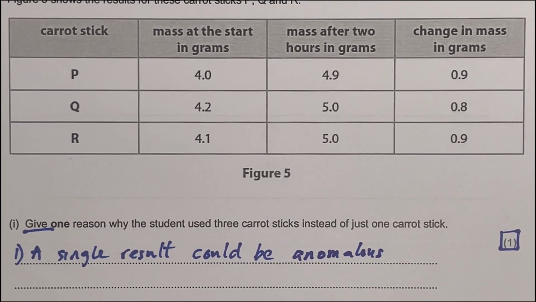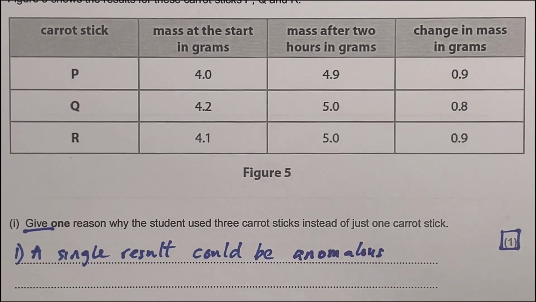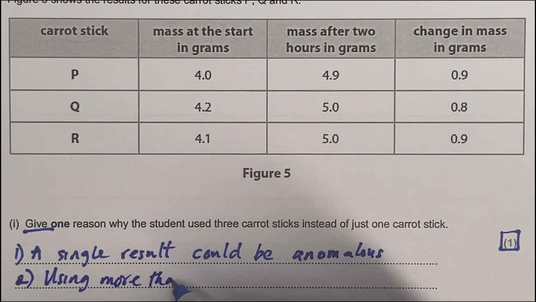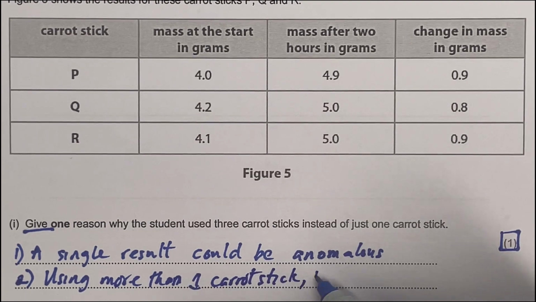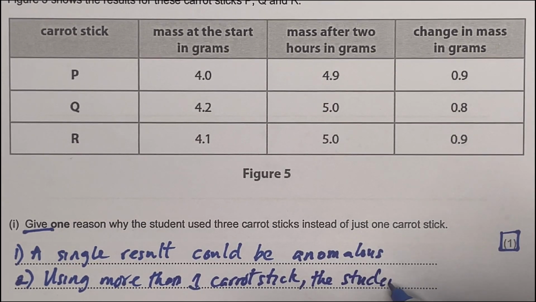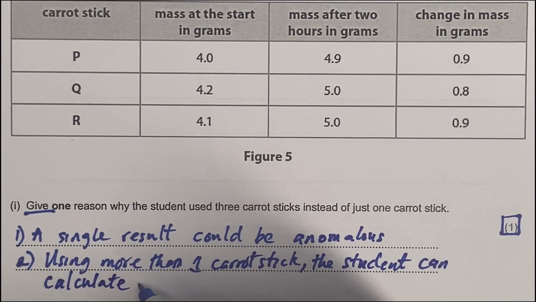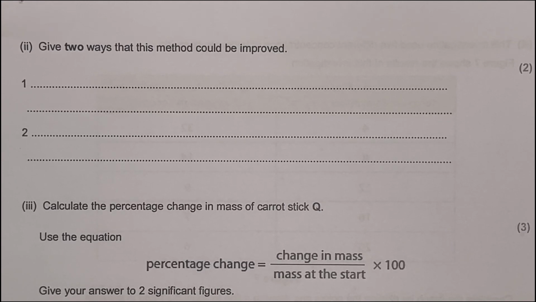Or I can say the results could be the same, and because if I use more than 1, I can calculate a mean. Using more than 1 carrot stick, the student can calculate the mean value.